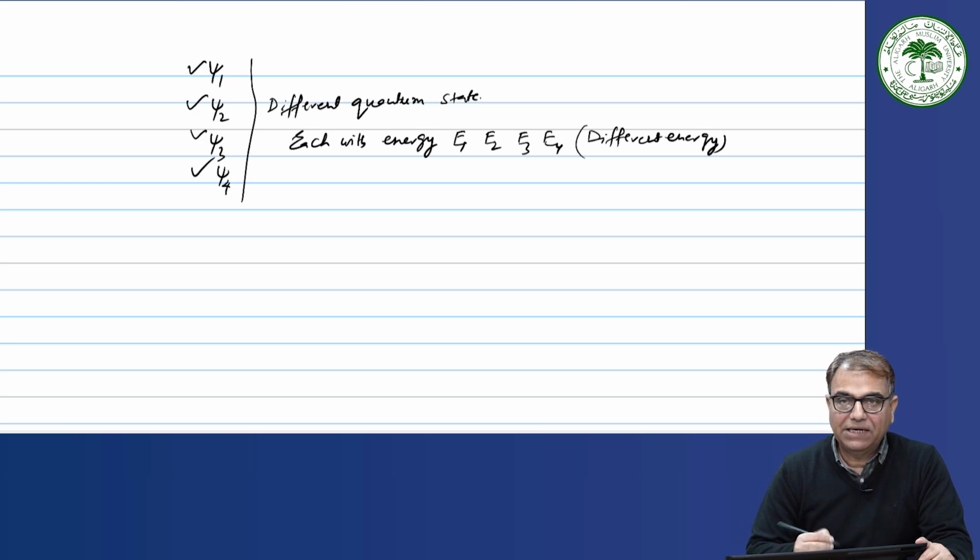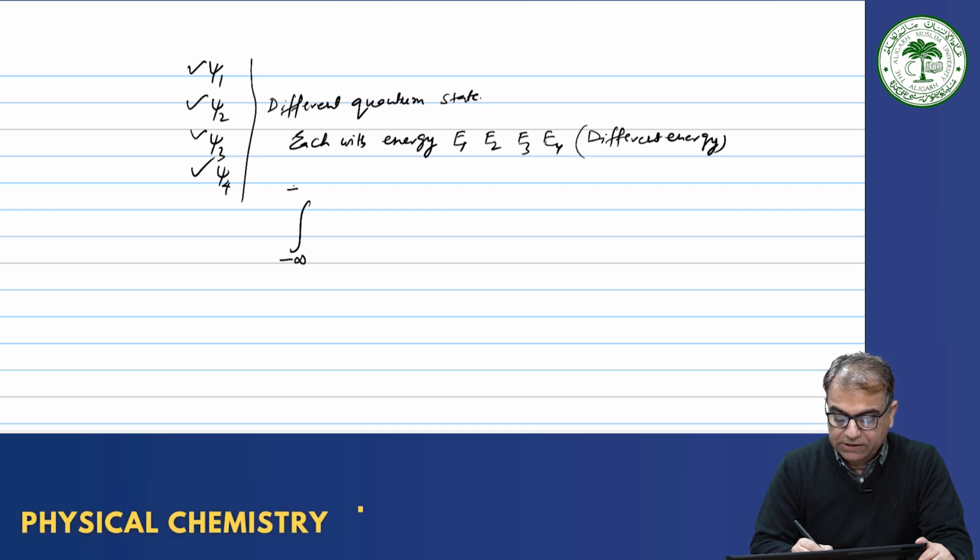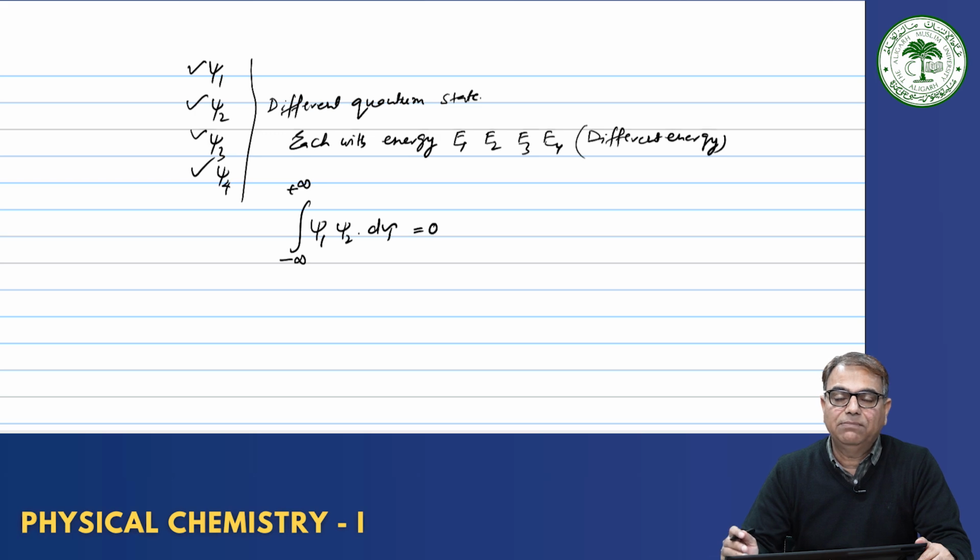So if we write the integral from minus infinity to plus infinity of psi 1 psi 2 d tau, then this integral must be equal to 0, because at the same point of time the system cannot exist in two different quantum states simultaneously. Okay.